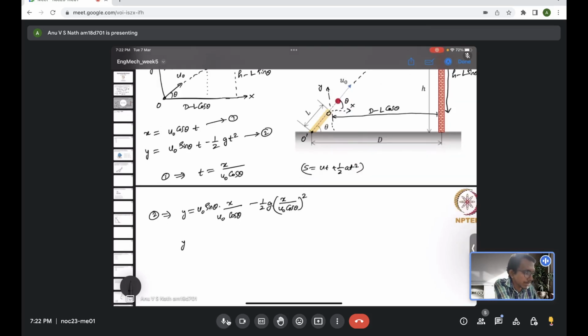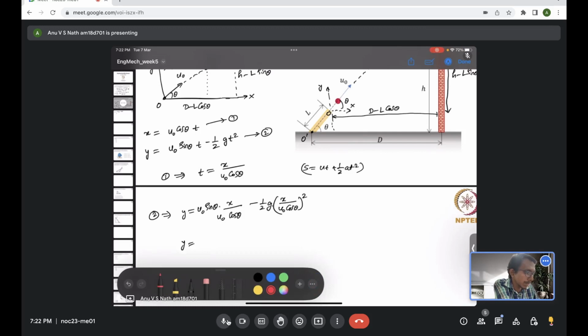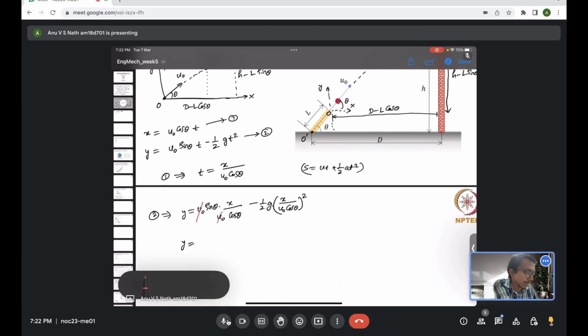So now if you rearrange it, we just need to cancel some of the terms. So this u0 will be cancelled. The remaining terms will become x into sin theta by cos theta, which is tan theta, minus g x square by 2 u0 square cos square theta.